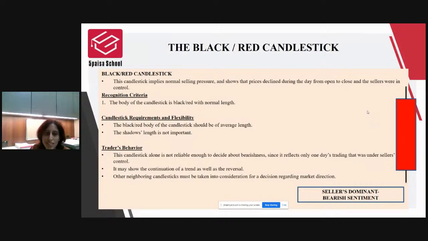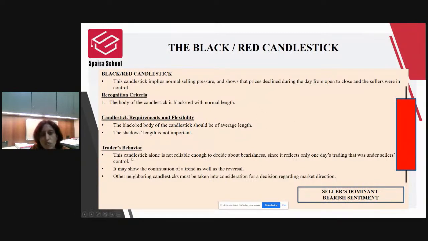The body of the candlestick is black or red with normal length, right? The requirement and the flexibility for this kind of candlestick type is that it should be of average length, and the shadow's length really doesn't matter.